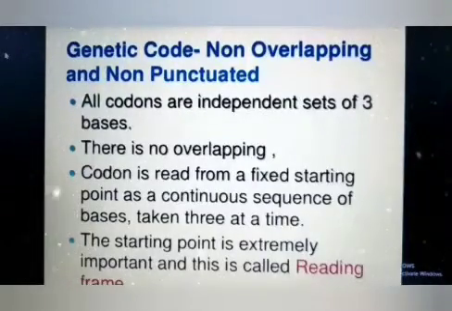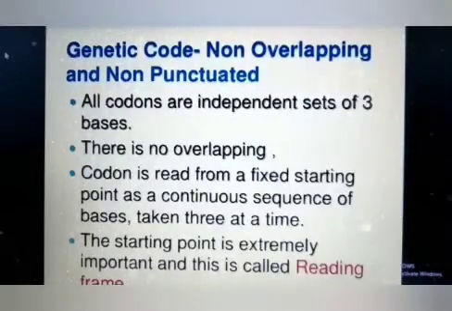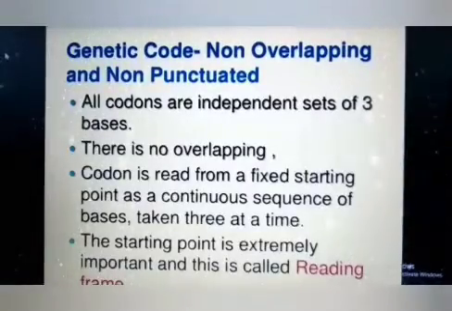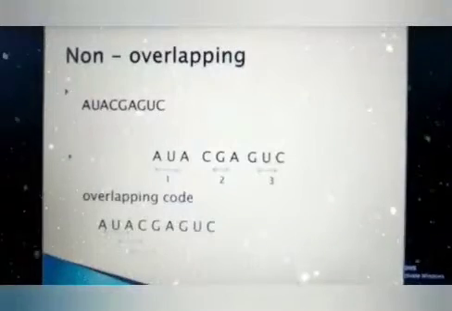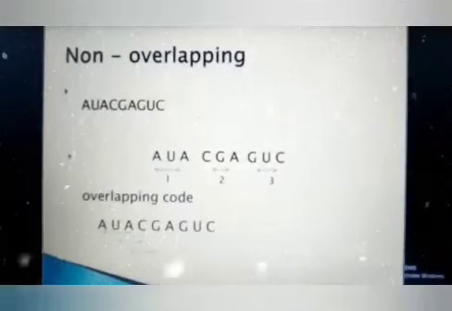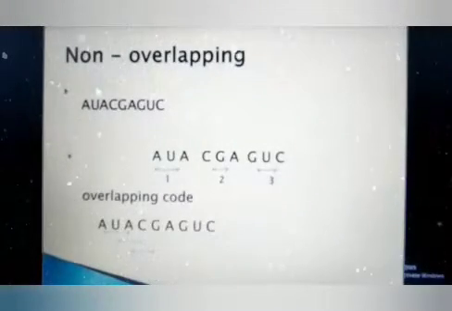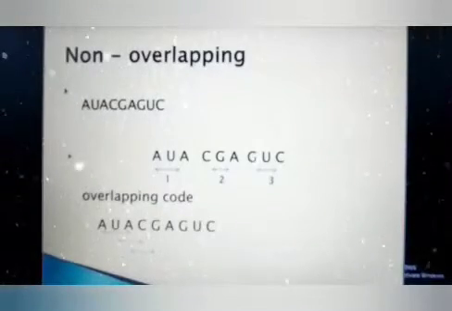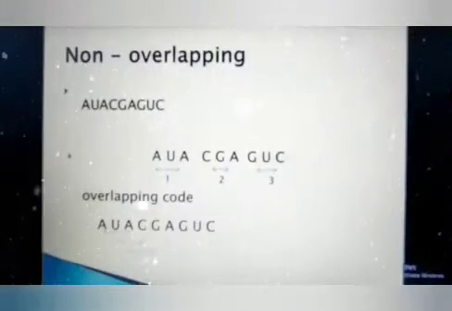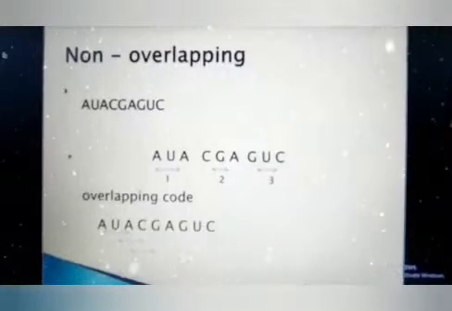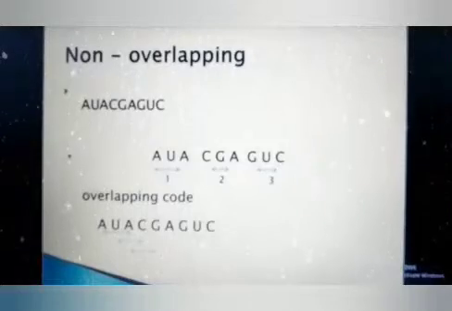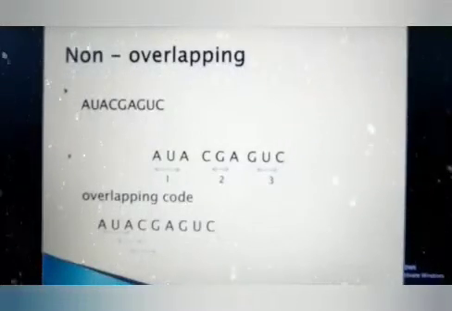The starting point is extremely important, and this is called the reading frame. Non-overlapping means, here is given an example to show it, a continuous series of genetic codes.